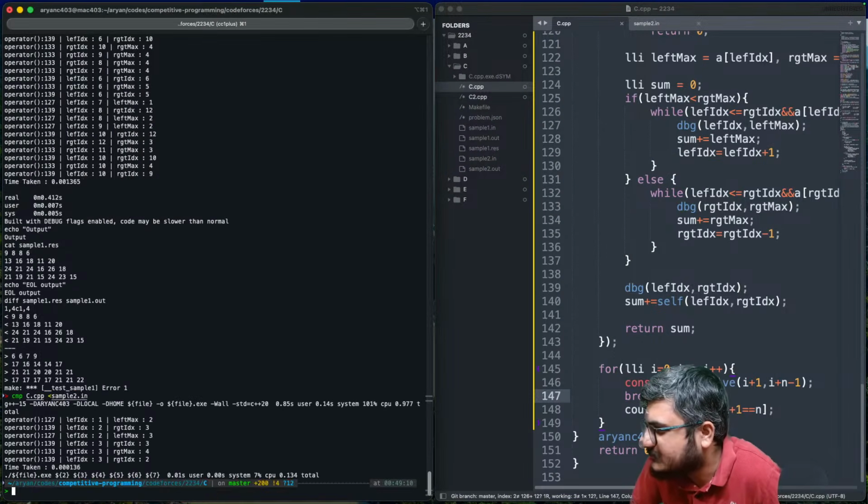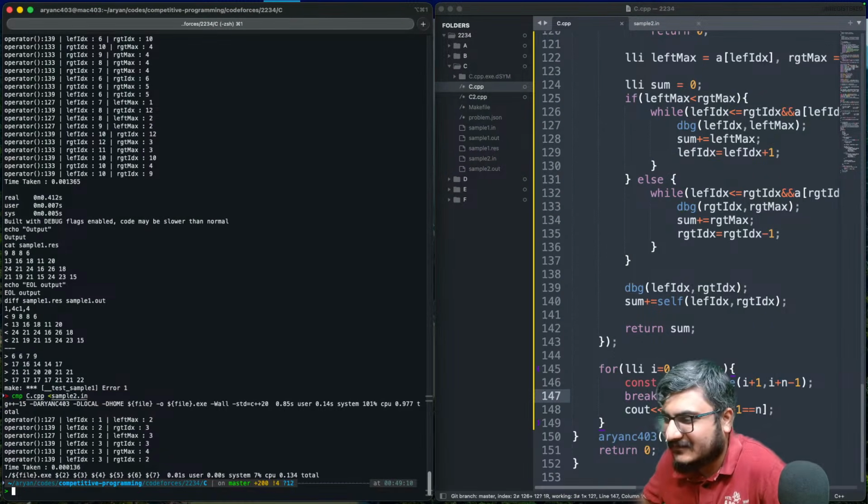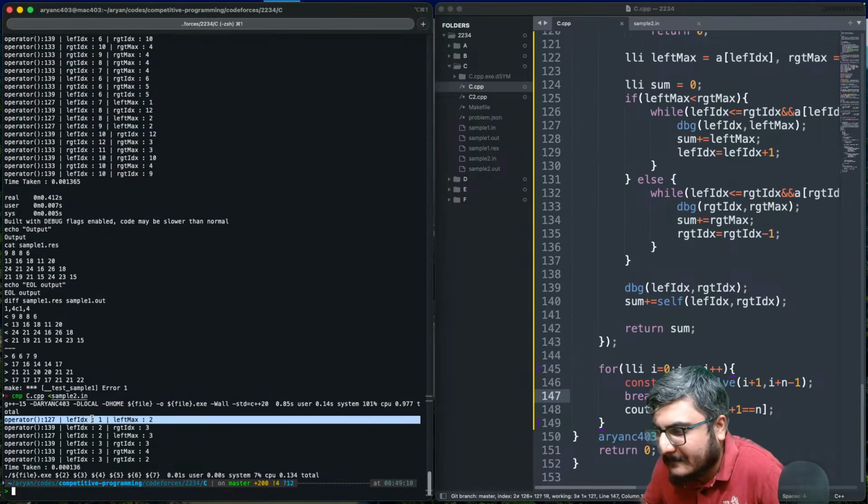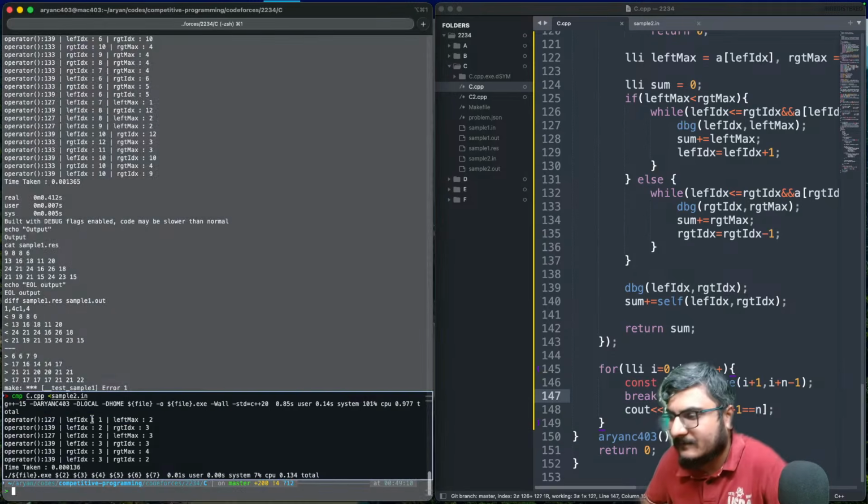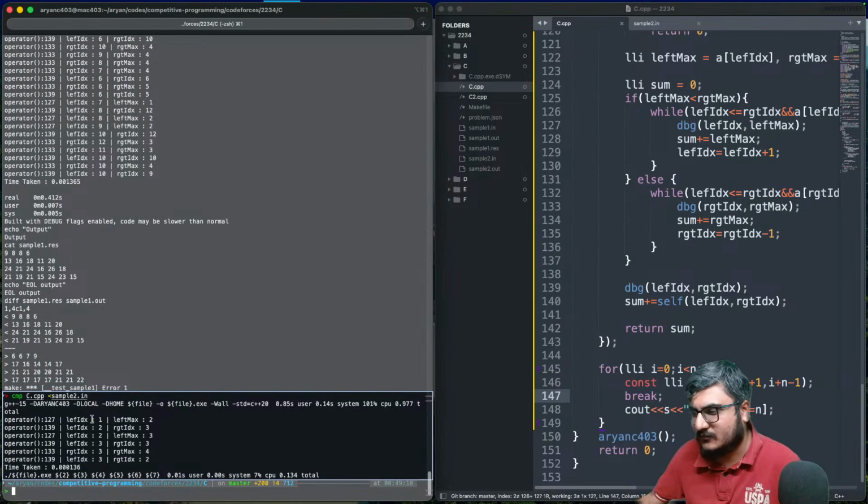Okay, something somewhere is not right, and I'm still trying to figure it out. Left max should be 1, right, instead of 2.